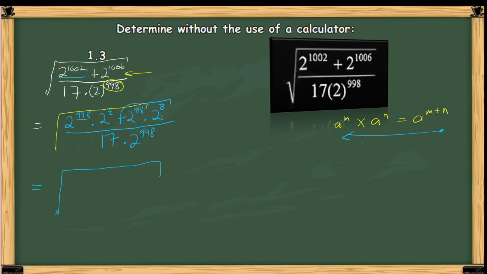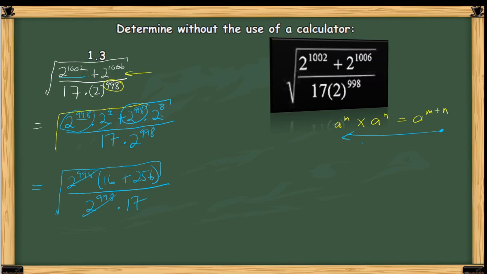Well, I have just created for myself a common factor of 2 to the power 998, of course, and that is multiplied by what's left over here. That would be 16, and 2 to the power 8 is 256. Oh, that's 2 to the power 998 multiplied by 17.